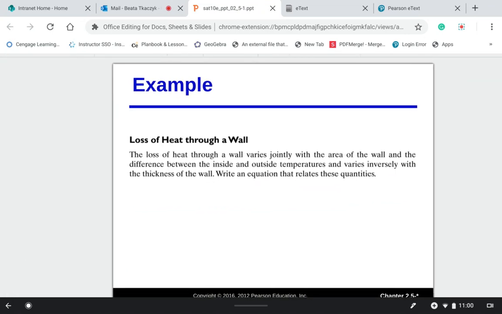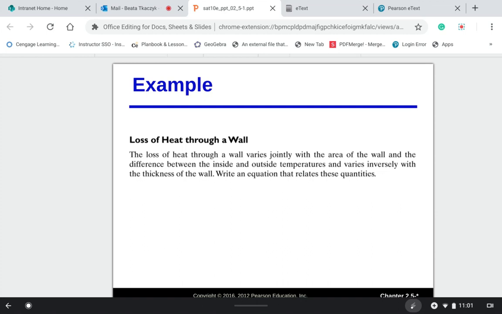Let me read it first and explain it. The loss of heat through the wall varies jointly. Varies jointly tells you that we're going to have more than two variables and it's going to be only multiplication in the formula.